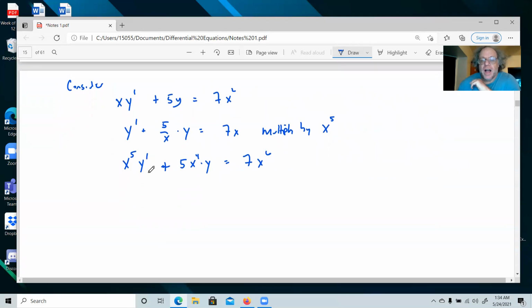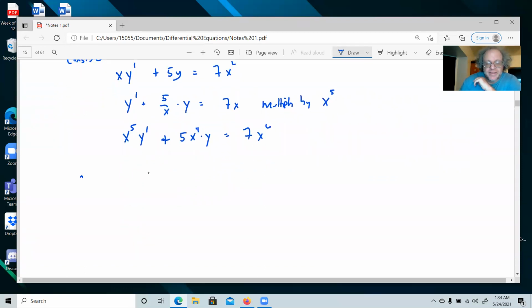Okay, I would like to know if I take the derivative implicitly of x to the 5th y, what do we get? Okay, so this is derivative of the first times the second, so this is x to the 5th prime y plus the first times the derivative of the second, right? That's what the product rule says.